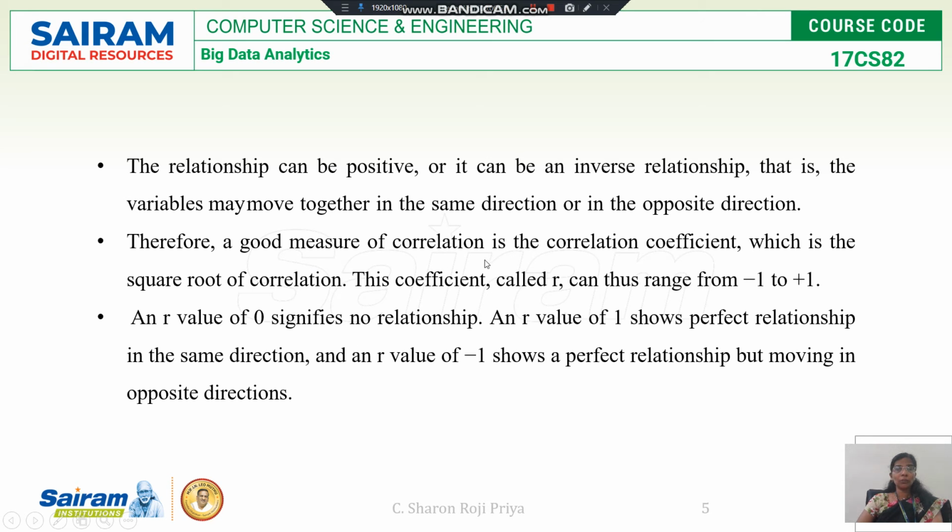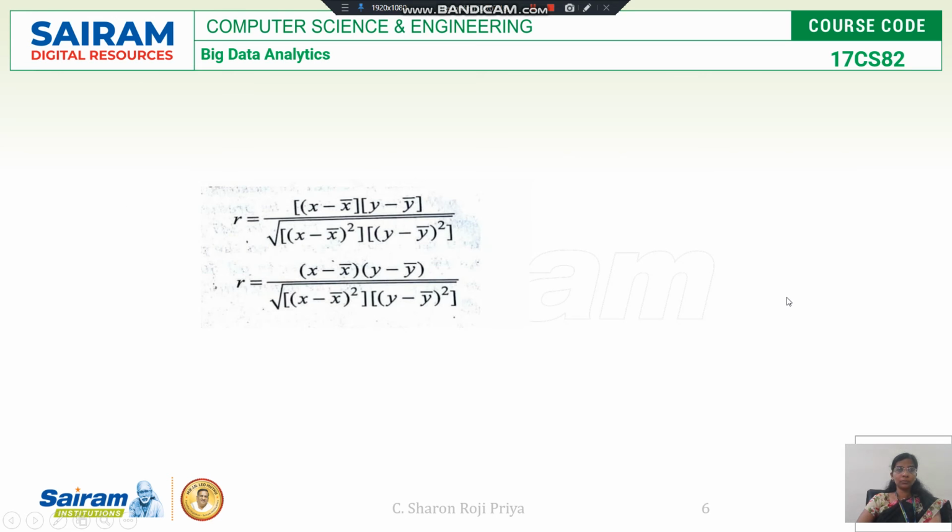And a good measure of correlation is the correlation coefficient. It is denoted by small r, and the range of r is -1 to +1. -1 means inverse relationship, +1 means positive relationship, 0 means no relationship.